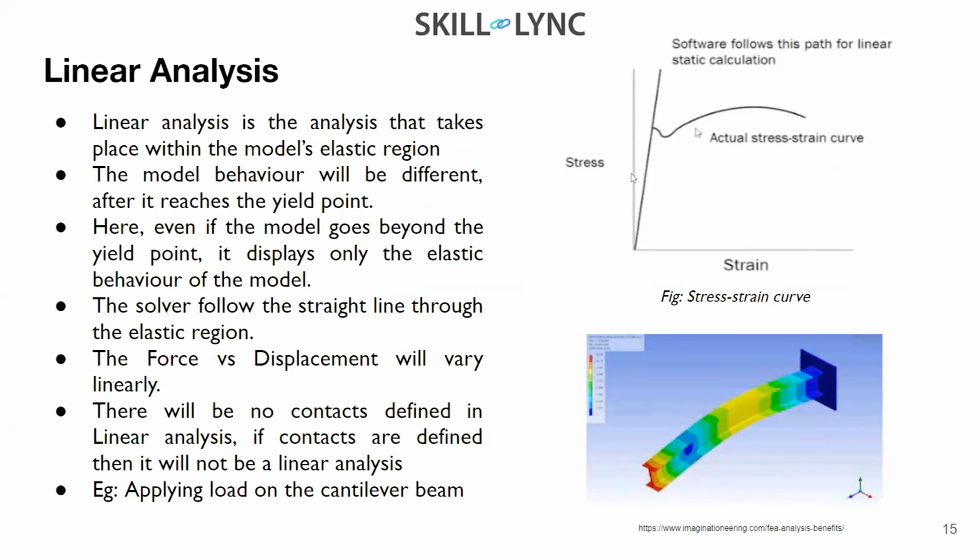Up to the elastic zone, that graph is almost a straight line. After the elastic zone, once it crosses your yield point and reaches the plastic zone, it no longer remains linear. Linear in mathematical terms means a straight line.